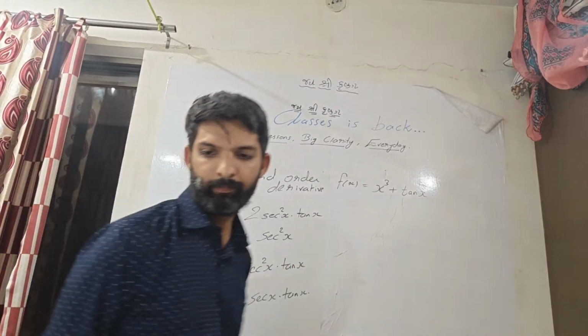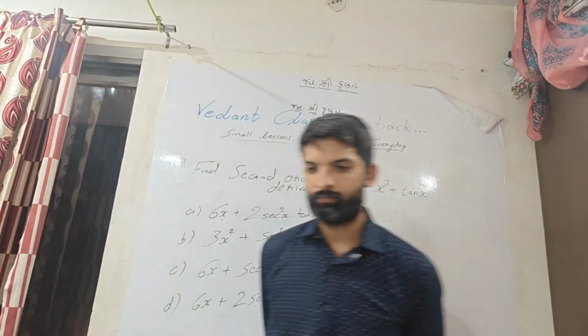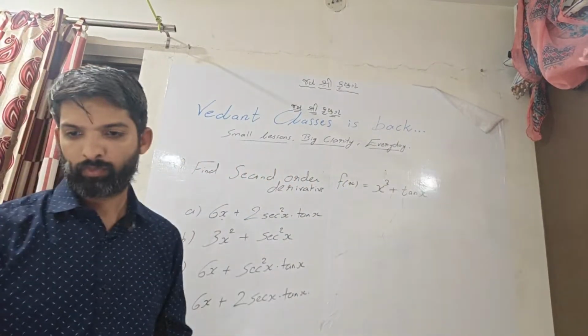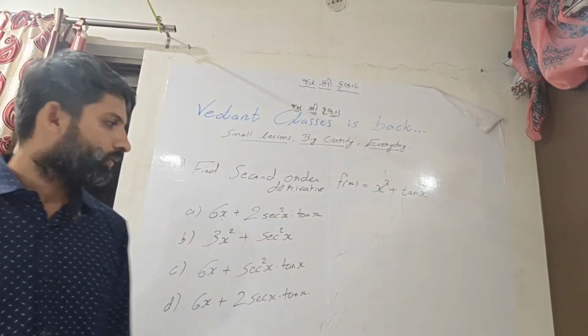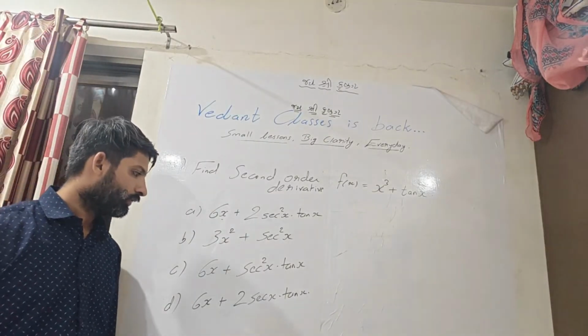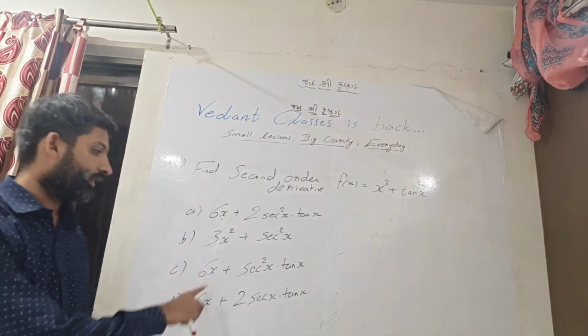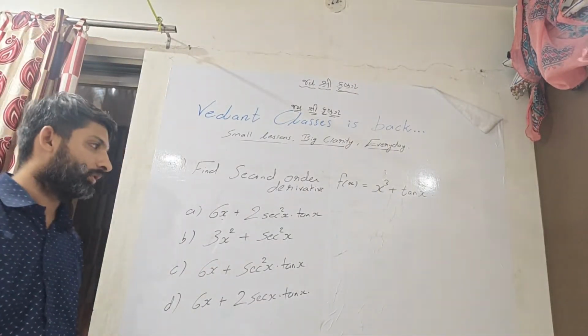Try to solve it. Okay. Option C. 6x plus sec square x tan x. Okay.